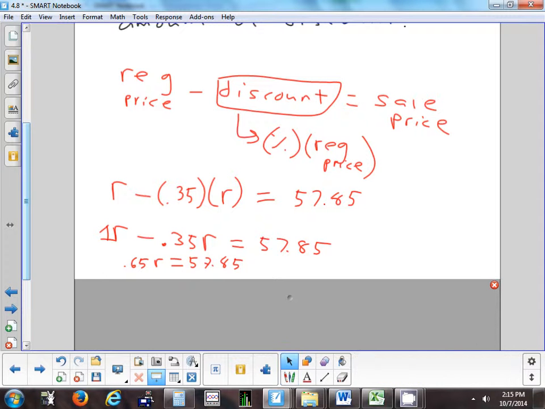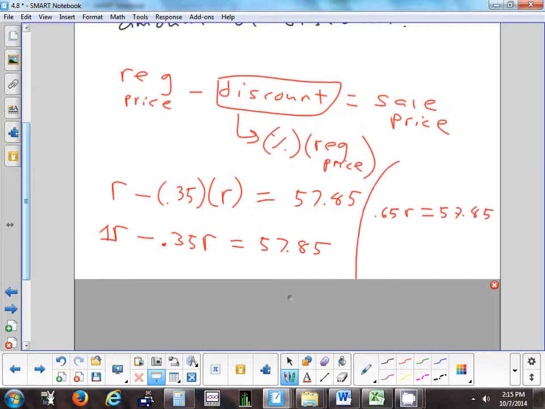Now I'm going to move that over here. Divide. We're going to divide by 0.65, good. What am I going to get when I do this? It's going to give me R, which is the regular price.